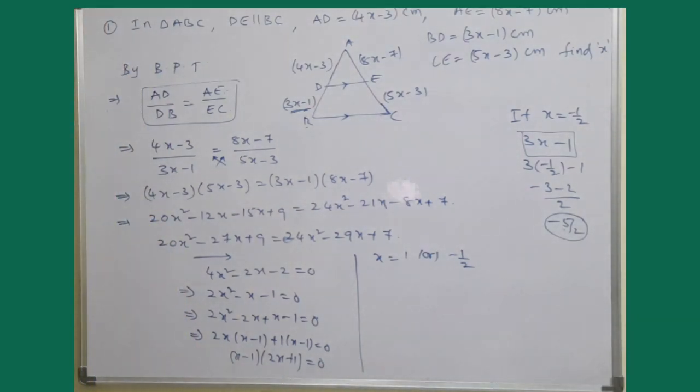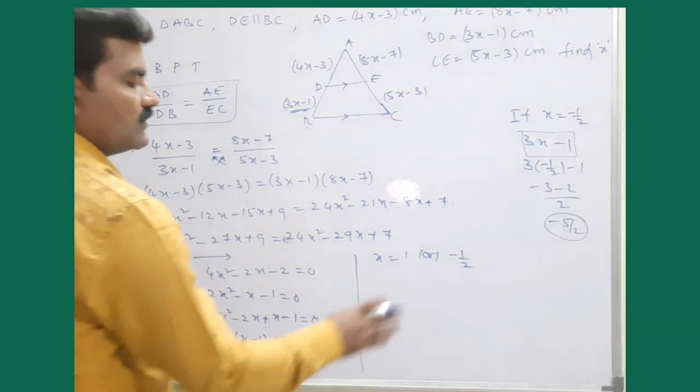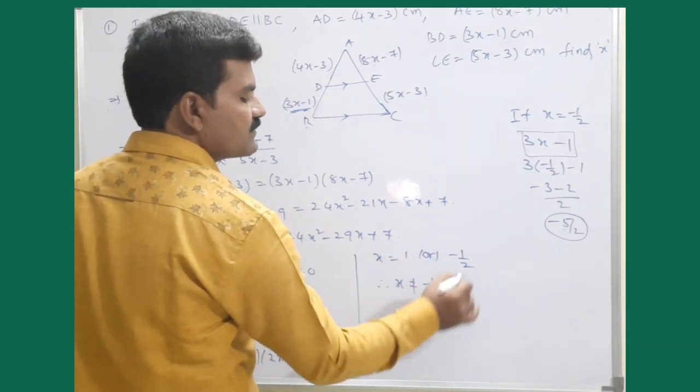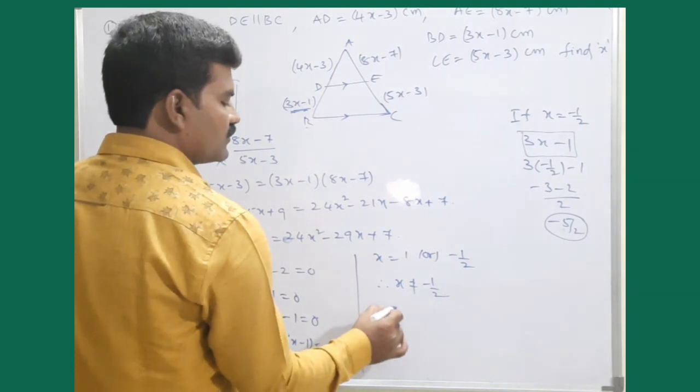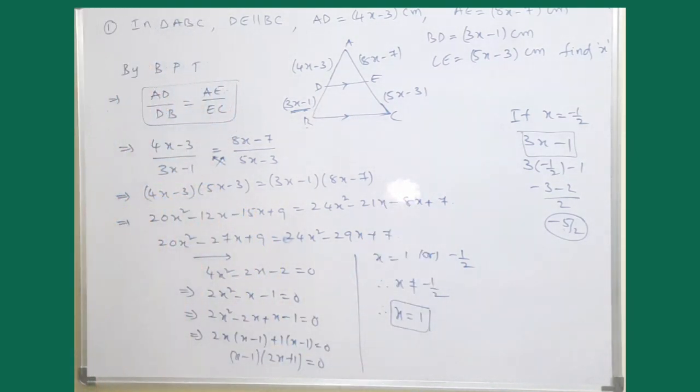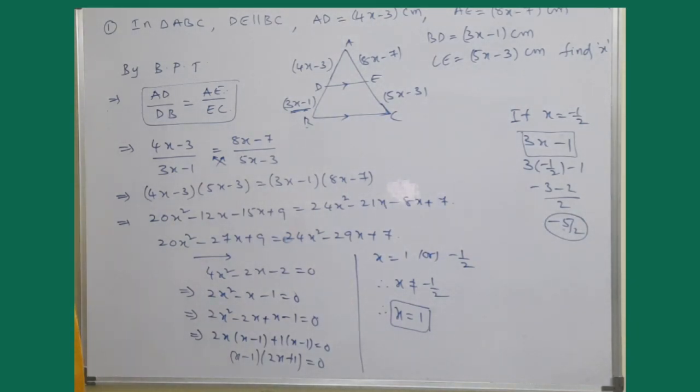Length can never be negative. So that's why x is not equals to minus 1 by 2. Therefore x value is 1. The value of x is equals to 1.